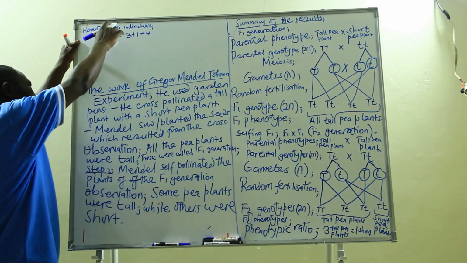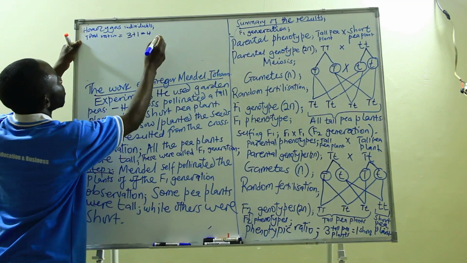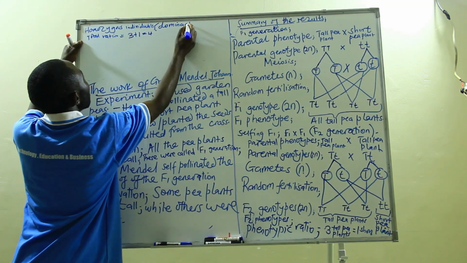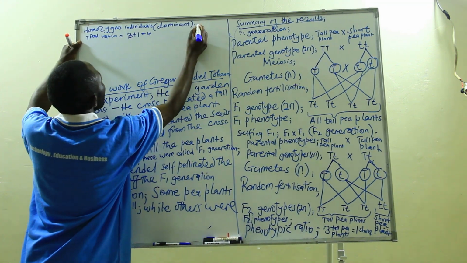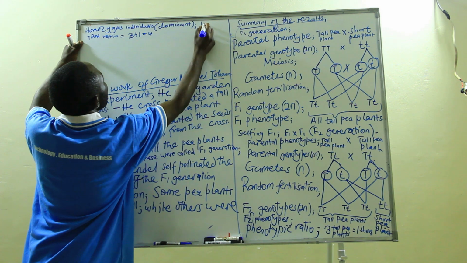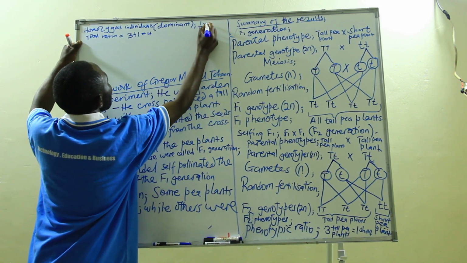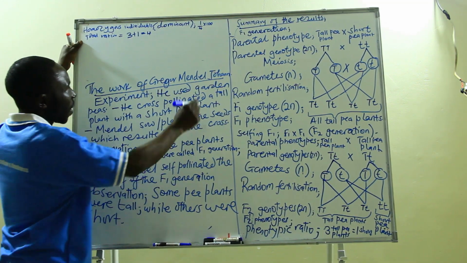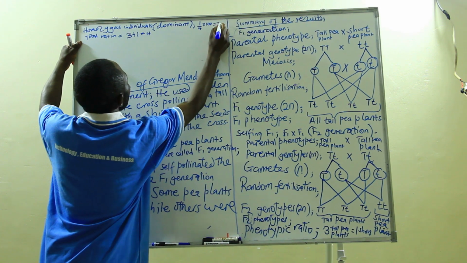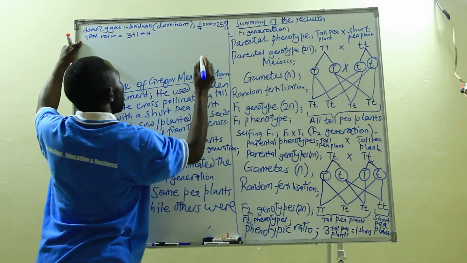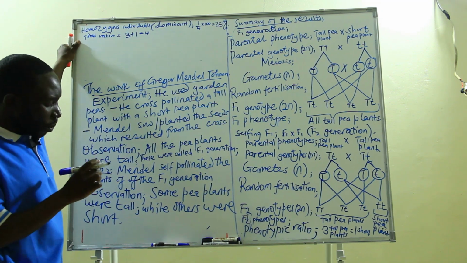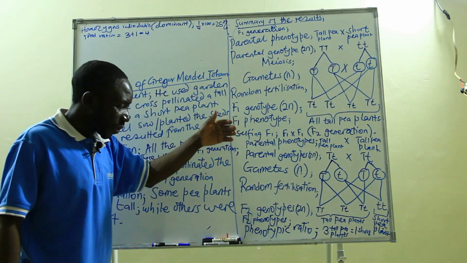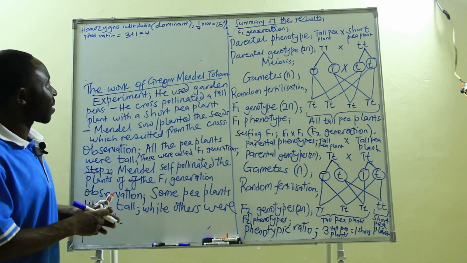So it means homozygous dominant individuals will be 1/4 times 100%. If we wanted to compute in terms of percentage, this gives us 25%, meaning that 25% of the offspring produced in the F2 generation are homozygous dominant for tallness.